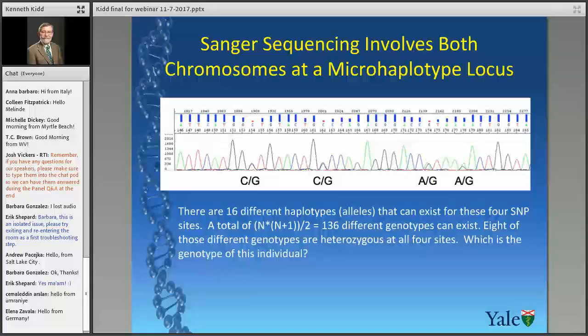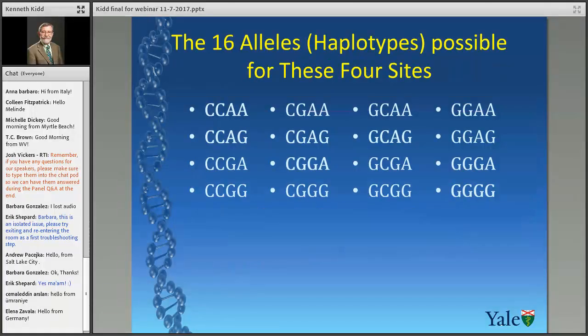So here's the example again. There are 16 different haplotypes that can exist for these 4 SNP sites and 136 different genotypes. So the question is, what's the genotype of this individual? It does make a difference.